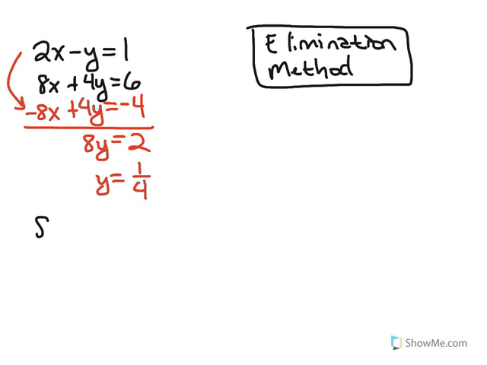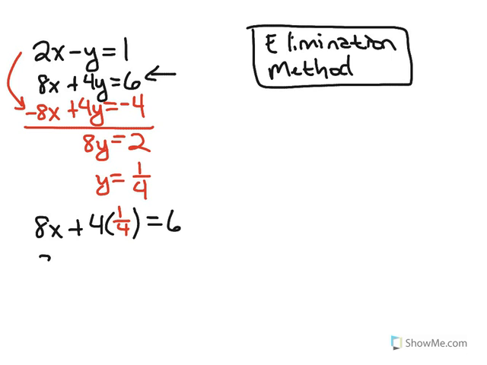So we're going to have 8x plus 4 times 1/4 equals 6. Notice that all I've done is replace y with 1/4 in this equation.